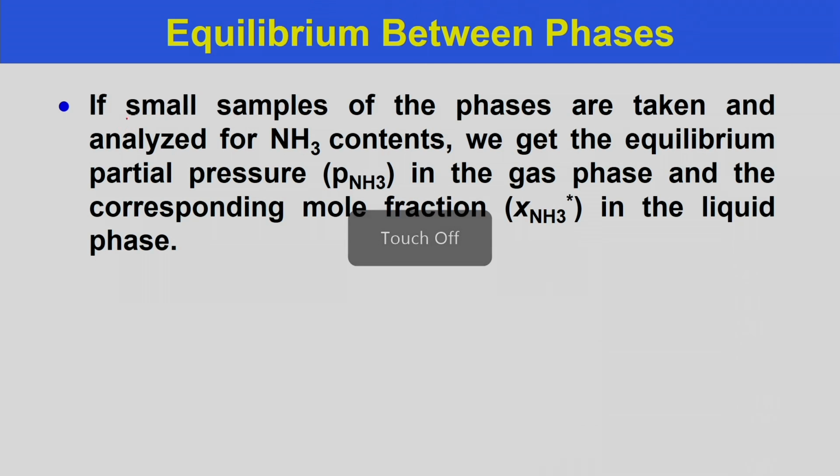If we take small amounts of samples of the phases and analyze the ammonia content, we get the equilibrium partial pressure.